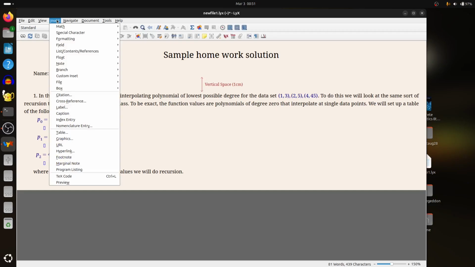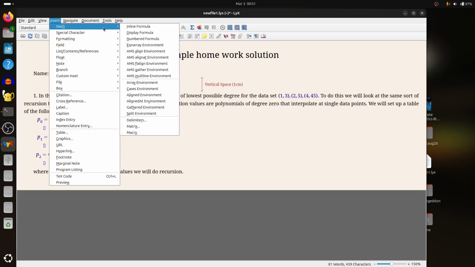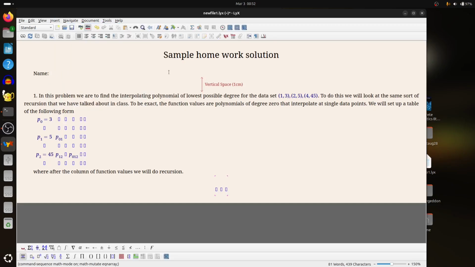Insert math. We'll put at least a couple of lines in here. So I will use the equation array environment.